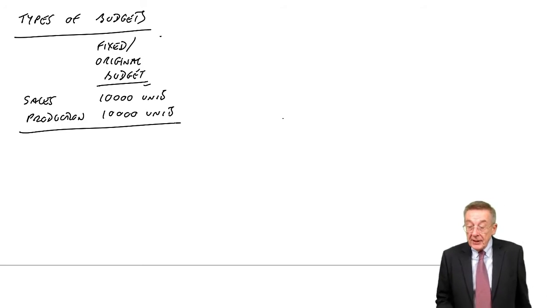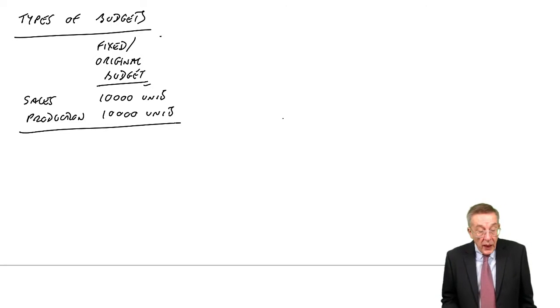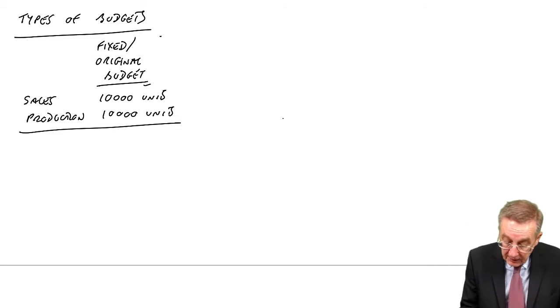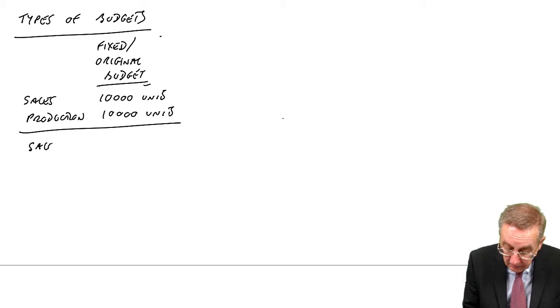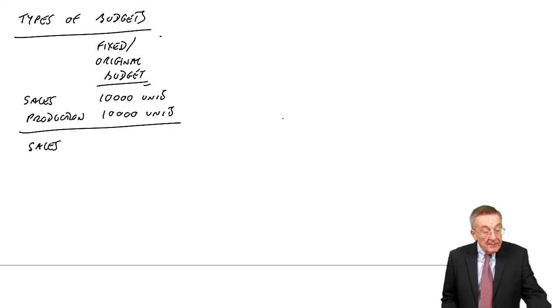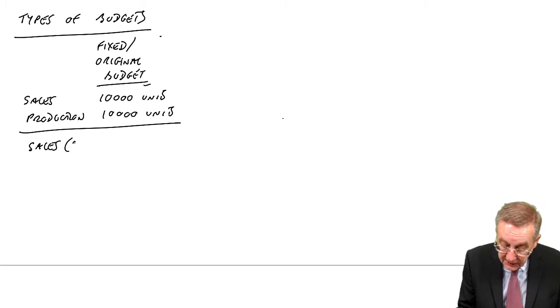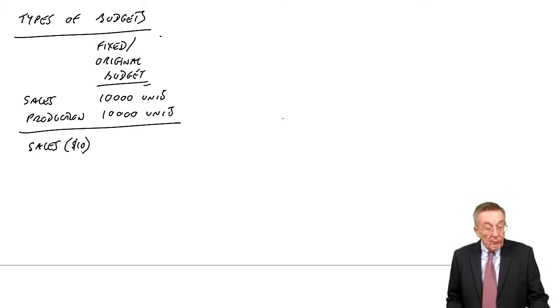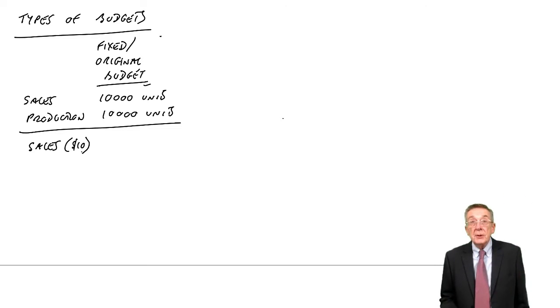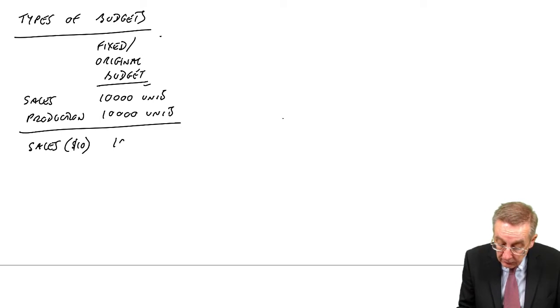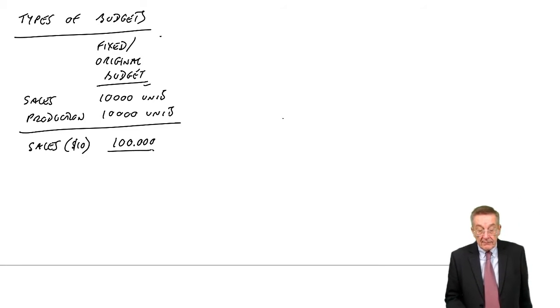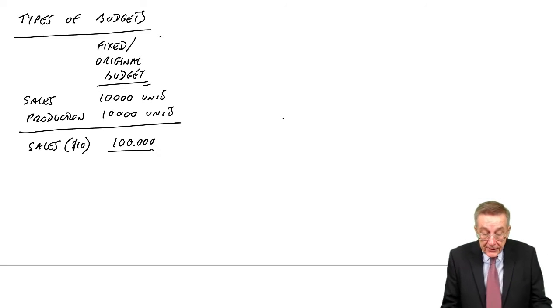But let's write up a budget profit statement. So the profit statement, the sales revenue, it says the selling price was $10 a unit. And so 10,000 units in the budget, we were budgeting on revenue of 100,000. What about the costs?